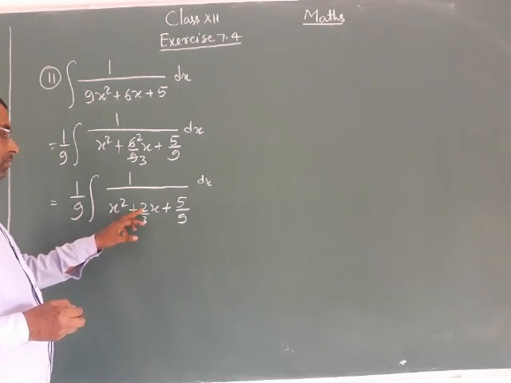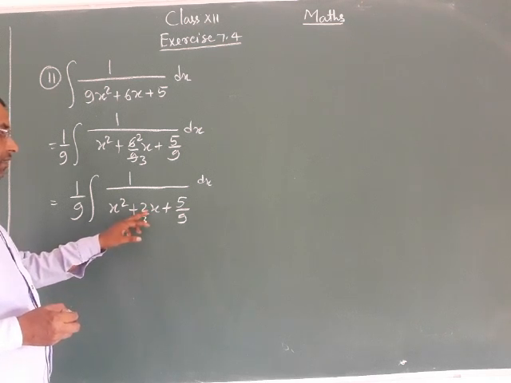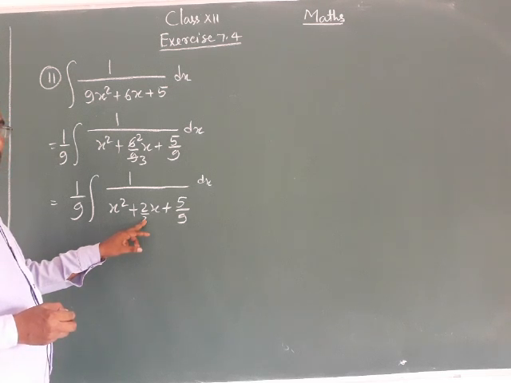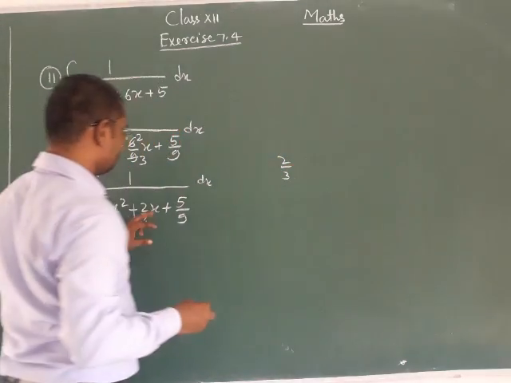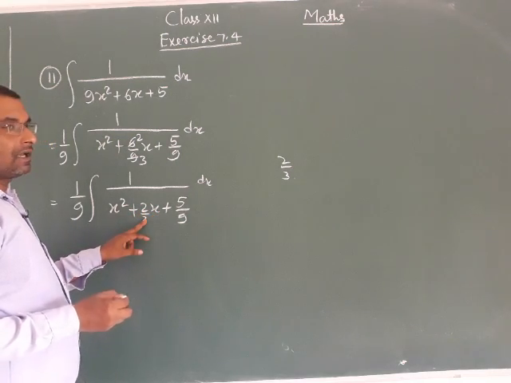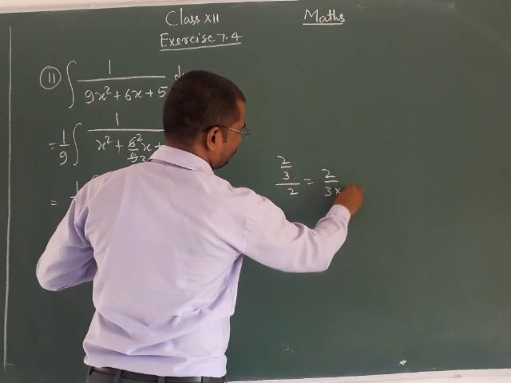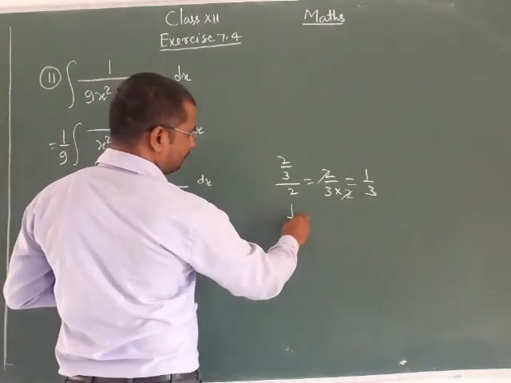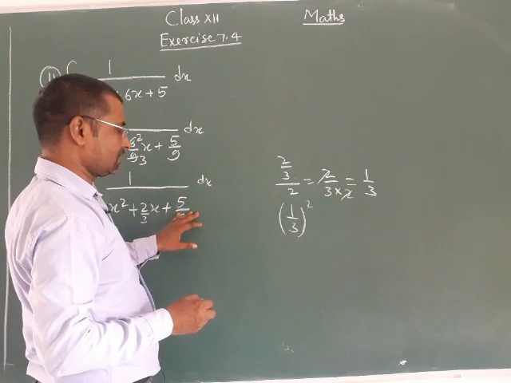Taking the coefficient of x, 2 by 3, and its half, divide by 2: 2 upon 3 into 2, the 2s cancel out, so 1 by 3. So 1 by 3 squared, we add and subtract in this question.